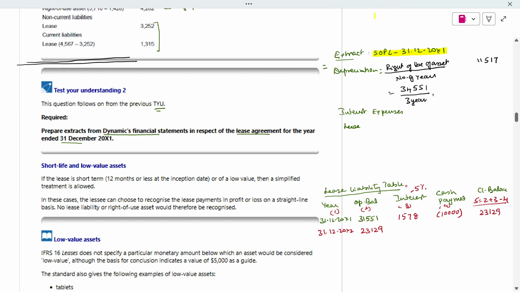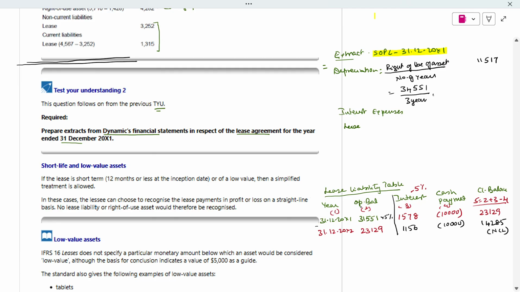What is the rate of interest? 5% on 23,129 is 1,156. Paying 10,000, it comes to 14,285.